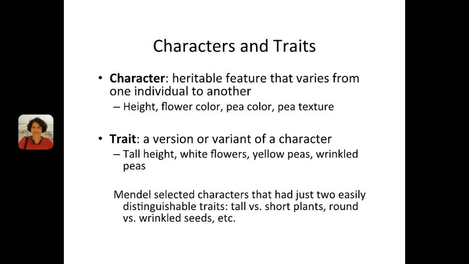When Mendel was doing his experiments with these plants, he would select characters that had traits that could be very easily distinguished from each other. So tall plants compared with short plants, round peas compared with wrinkled peas, yellow peas compared with green peas, and so forth.